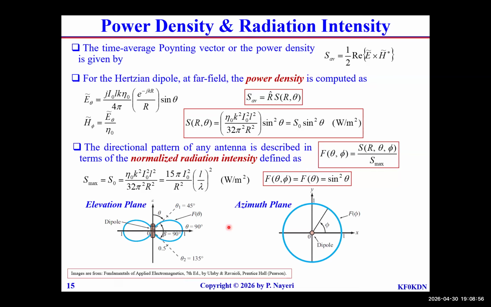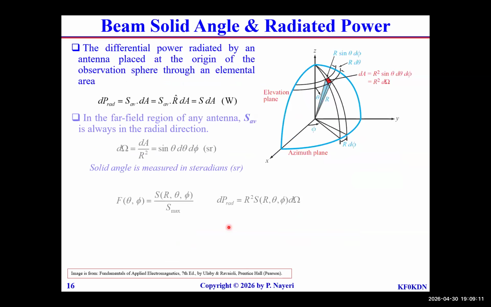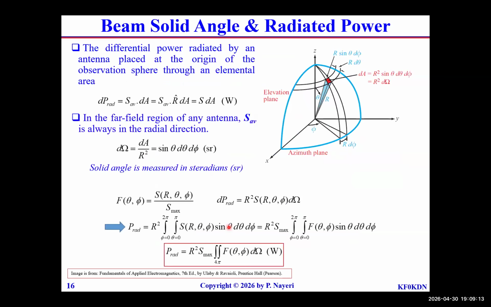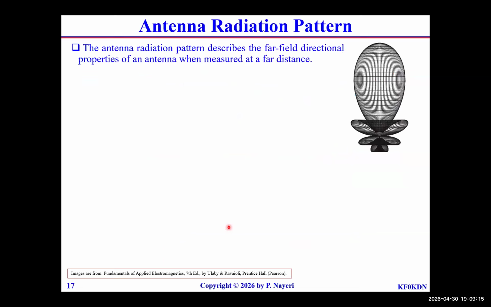So I can compute the power. But as mentioned, this expression of e^(-jkr) over r shows up in both E and H. So in terms of power, your power is going to drop by a factor of 1 over r squared when you look at the power associated with any antenna. And I have a lot of these fun equations for you to look at on your own.